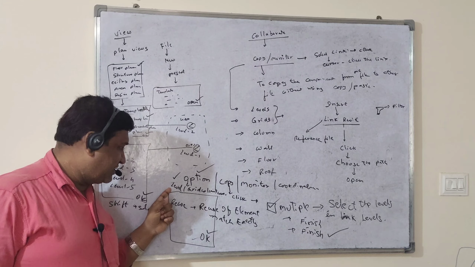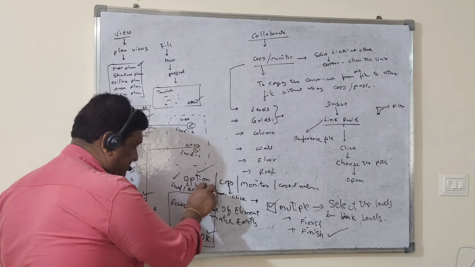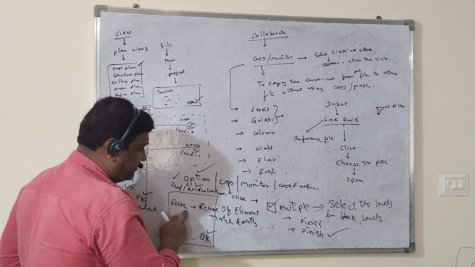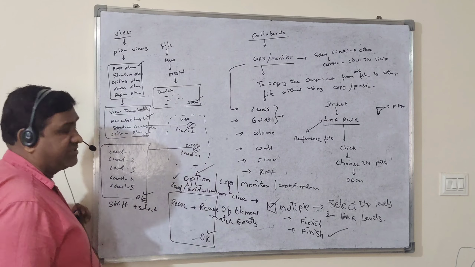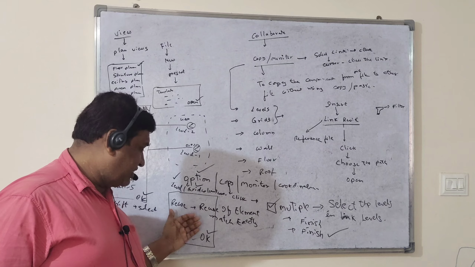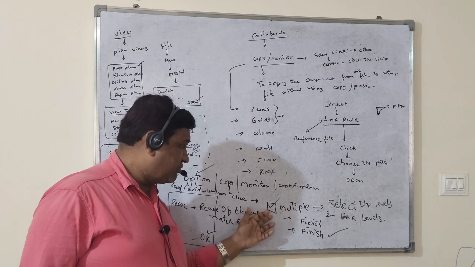But before you selected the levels, now you have to select the grids. After selecting the grids, you will find again the option "reuse if element match exactly" will come in a palette. You have to select this option, go with OK. Then after clicking OK, you have to go to multiple.